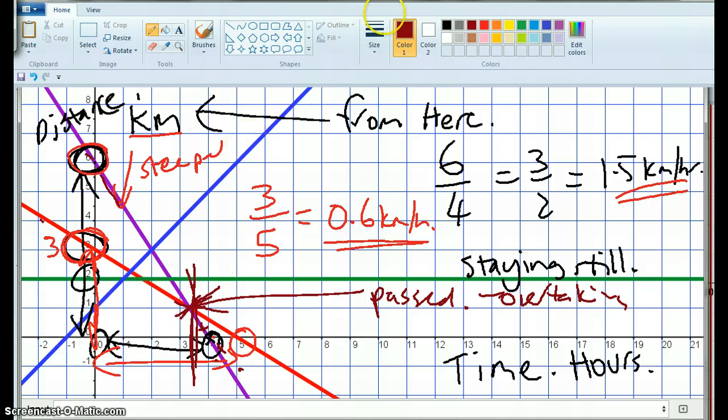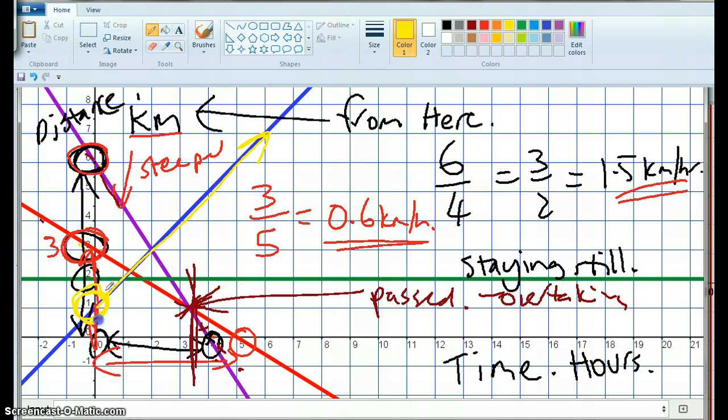Okay, what does the blue one do that's different? Where do they start? They start 1 kilometre away from the classroom. Yeah? And what are they doing? Are they getting close to the classroom or further away from the classroom? So just going over that, this guy and this guy, they were away from the classroom and they arrived at the classroom.